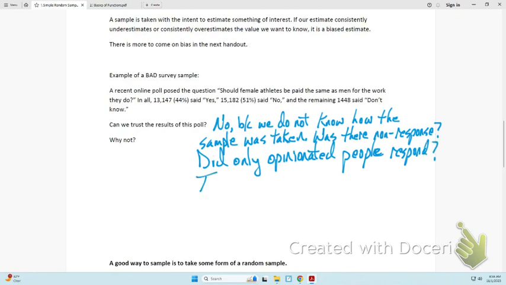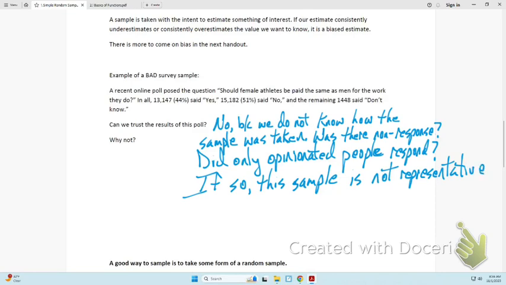If so, this sample is not representative of all athletes.